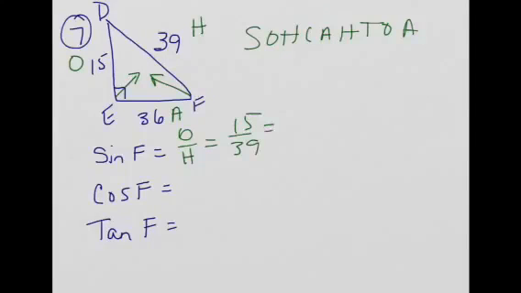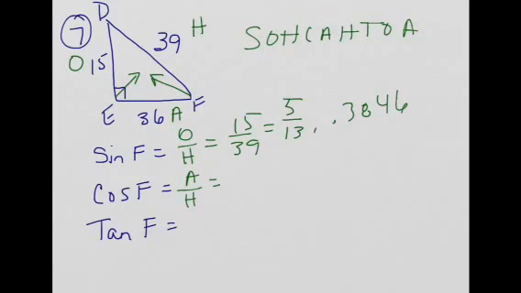And 15 over 39 is going to be 5 over 13. We put 5 divided by 13 in the calculator to find the sine, and we're going to get 0.3846.